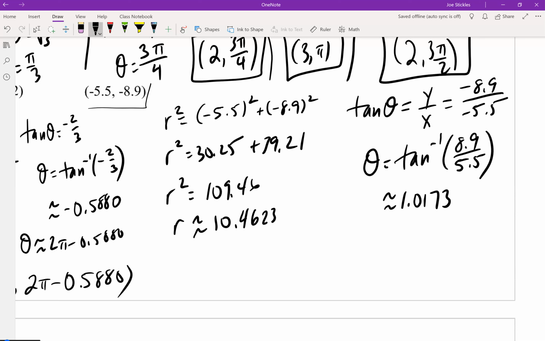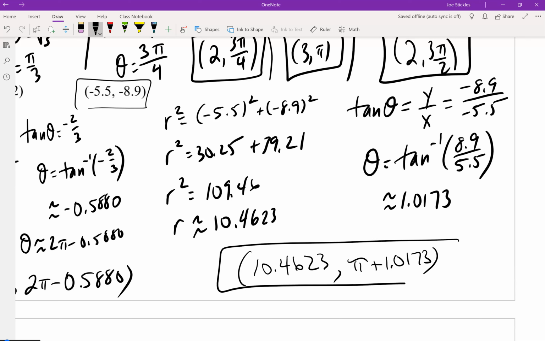This point most definitely is not in quadrant 1 or 4. That point is in quadrant 3. So to get this angle to be over in quadrant 3 instead of quadrant 1, we need to add pi to it. So there's our polar coordinate representation of that point.